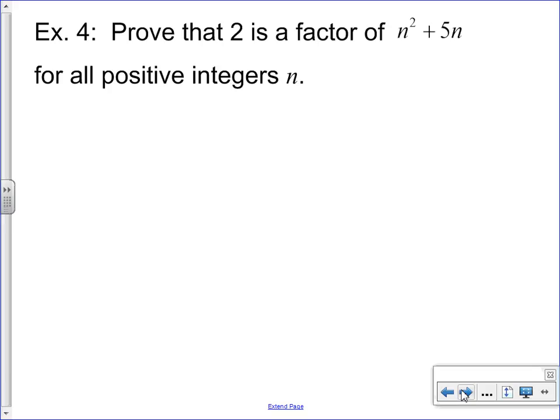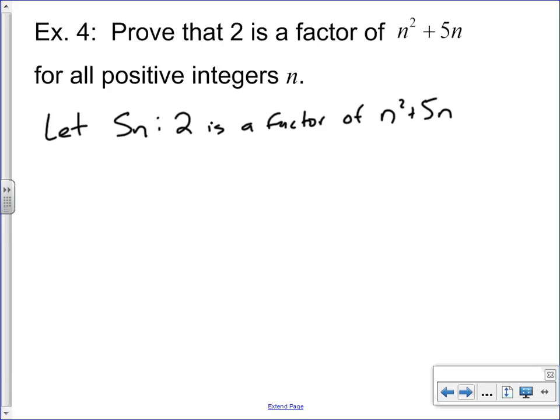Proving that 2 is a factor of n squared plus 5n. Goodness gracious. All right. Introduction. Let Sn be: 2 is a factor of n squared plus 5n. Step 1.